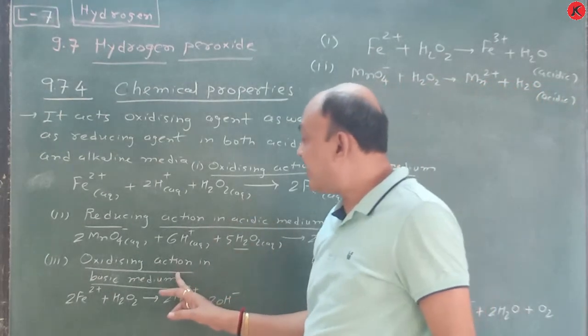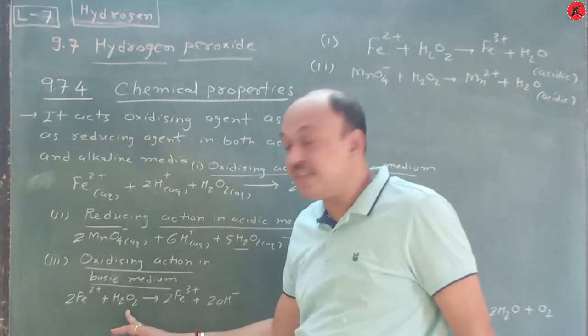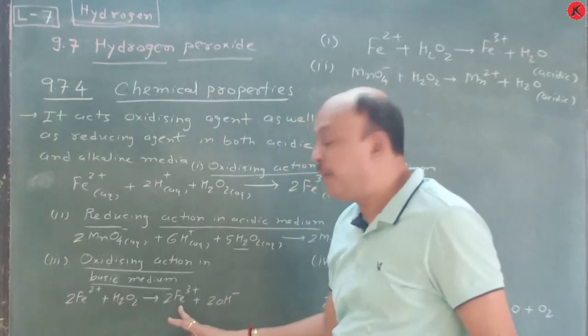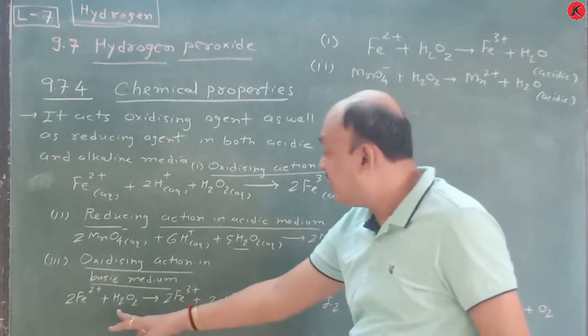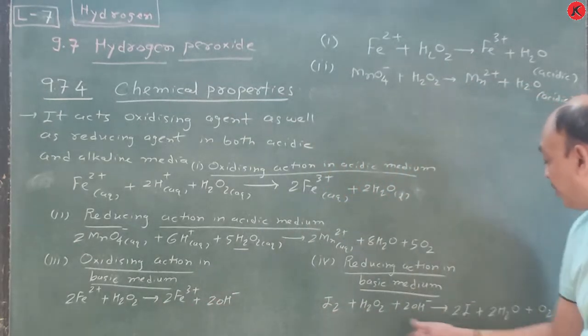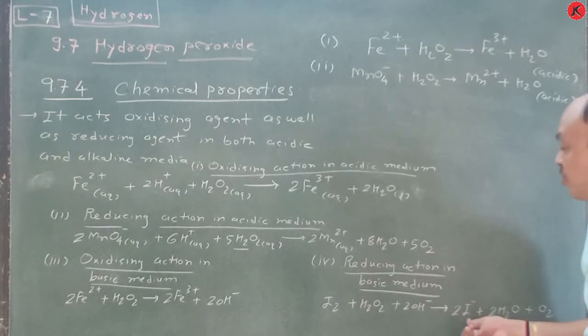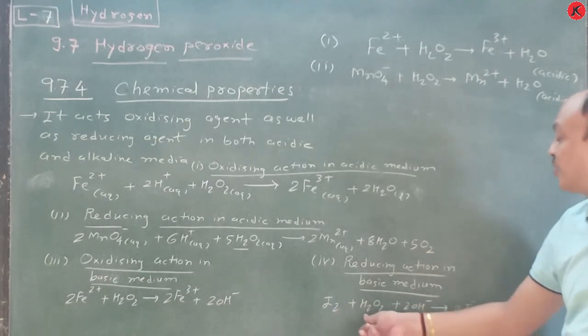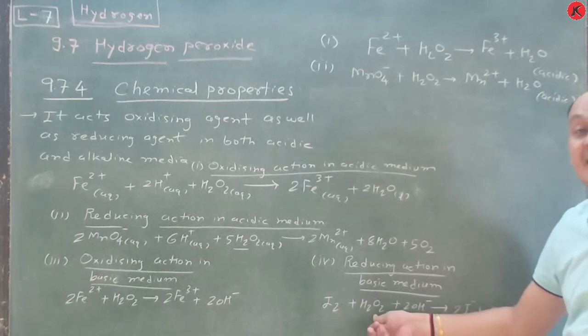So this is oxidizing action. That means H2O2 here works as an oxidizing agent, because Fe+2 is converted to Fe+3 plus electron, the reducing agent. So it works as the oxidizing agent obviously. Here I2 plus 2 electron gives 2I minus. So here I2 works as an oxidizing agent, but H2O2 works as a reducing agent.